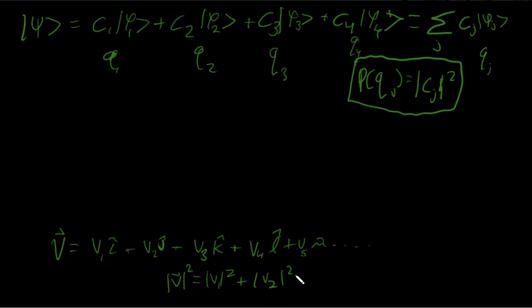So v2 norm squared, plus v5 norm squared, etc. So the magnitude of a vector has a very similar form in more than one dimension, and I'll have a video explaining this in the description. It's not too hard, and if you don't want to look at that video, you can just sort of buy that this is true.